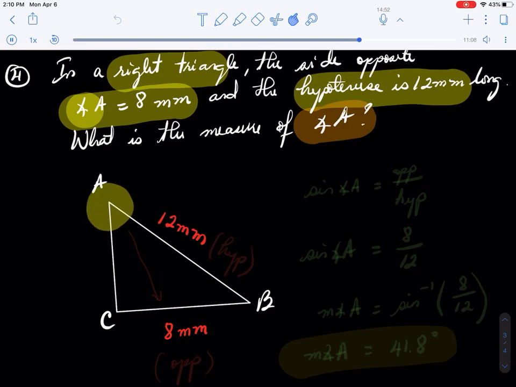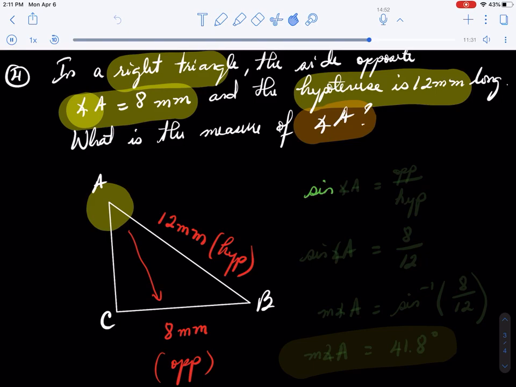Okay, so I need to look at the opposite and then the hypotenuse. Opposite over hypotenuse is sine. So what you're going to write is sine. Let me change the color so it's better.